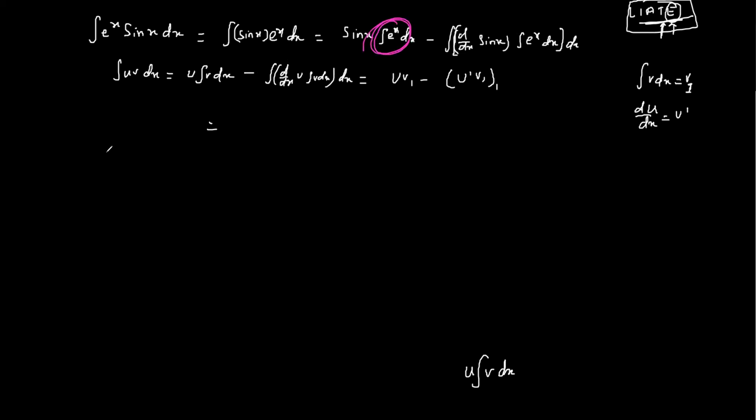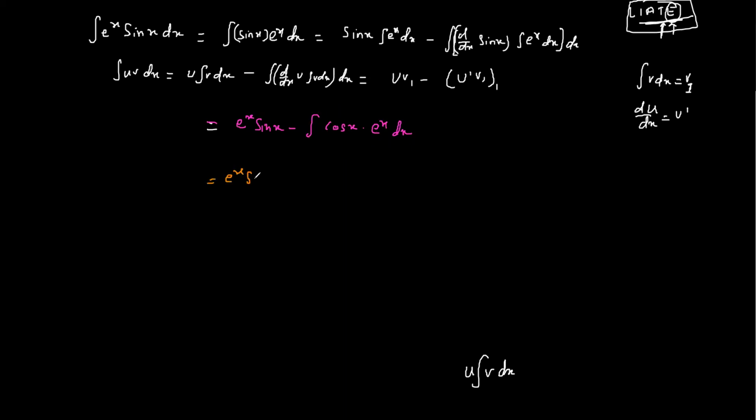Integration of e^x dx. The derivative of sin x is cos x, times integration of e^x dx. You can see you have to use the UV rule again because the integrand is in product form.